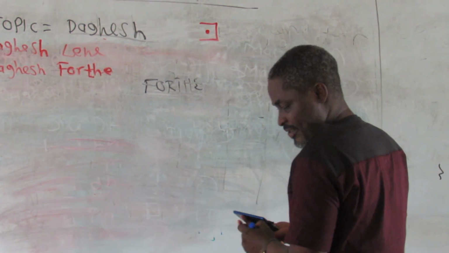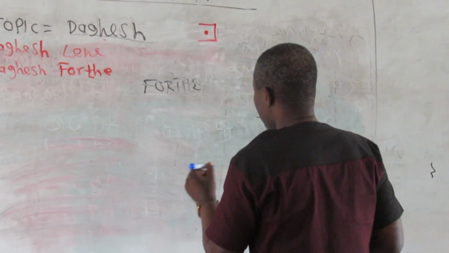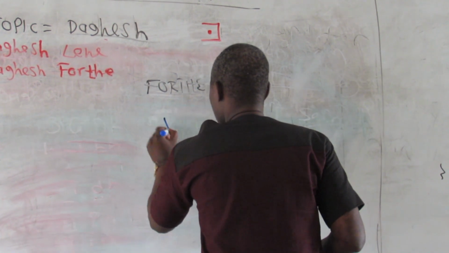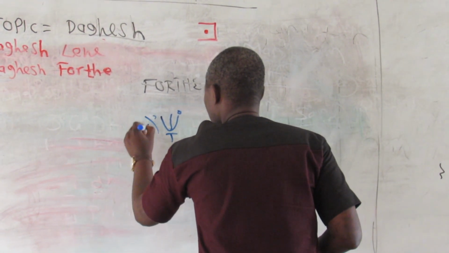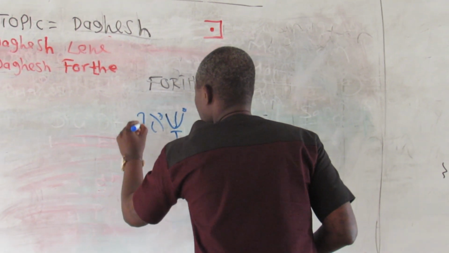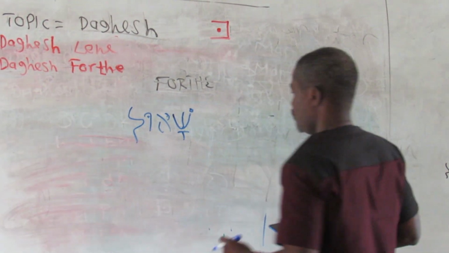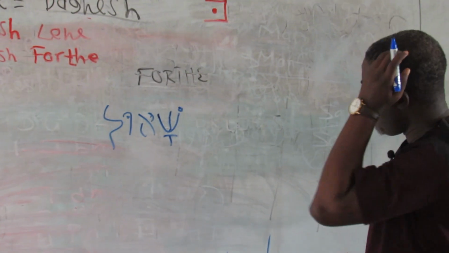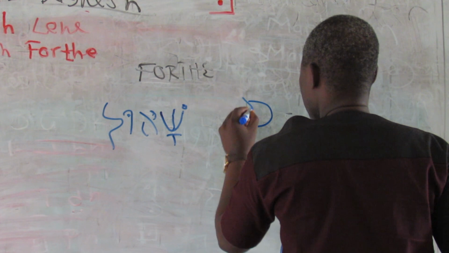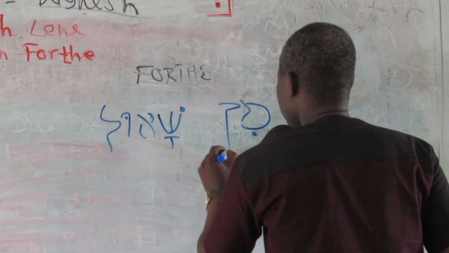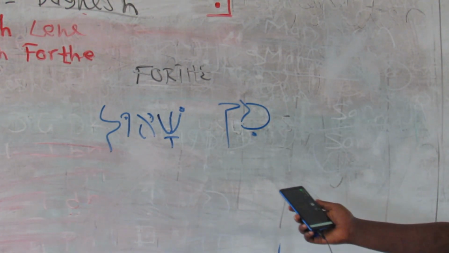Anytime you see, for example, let me give you an example. You have the word Shaul. Now, you want to say from Saul. You have Min Shaul.